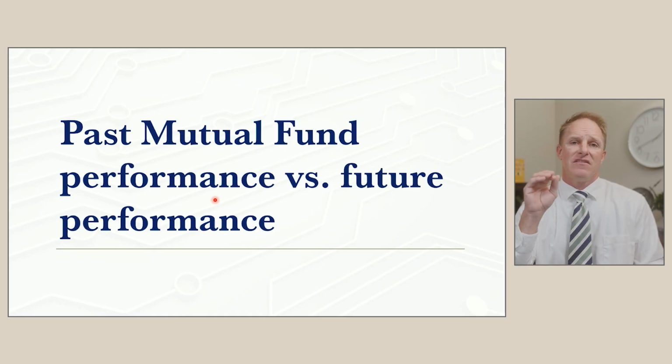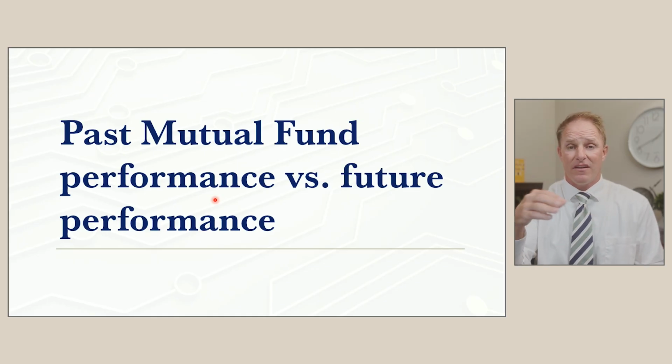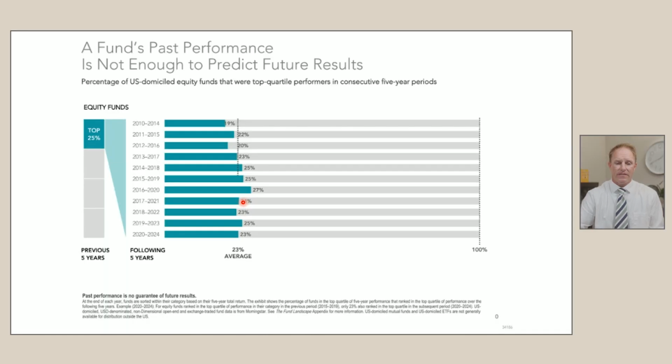And the reason I think this is so important, and the purpose of going through this entire video with you, is, in my opinion, if you look at past performance of actively managed mutual funds and look at the ones that were in the top 25% in the previous 5 years, and then look at how they did over the successive 5 years for all the years that are cited here, you can see that on average of the top quartile actively managed funds, anywhere from 19% to, at the high point, 27% will persist in top performance in the top quartile the next 5 years.